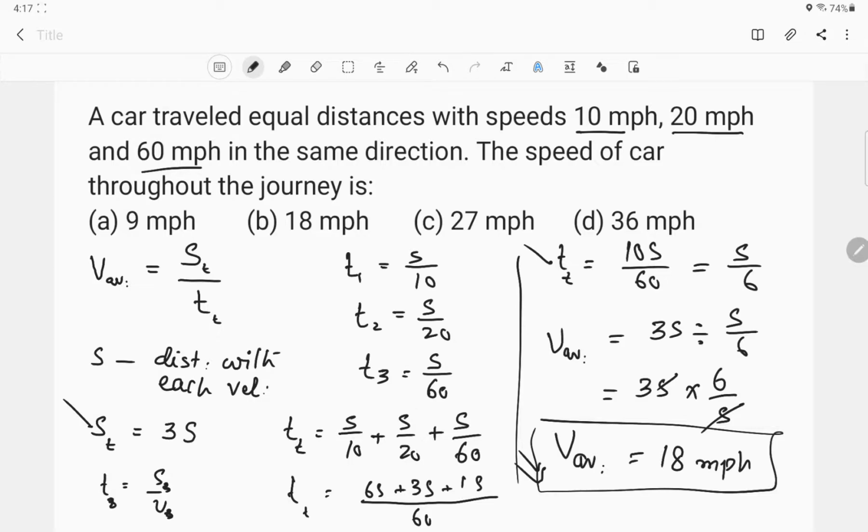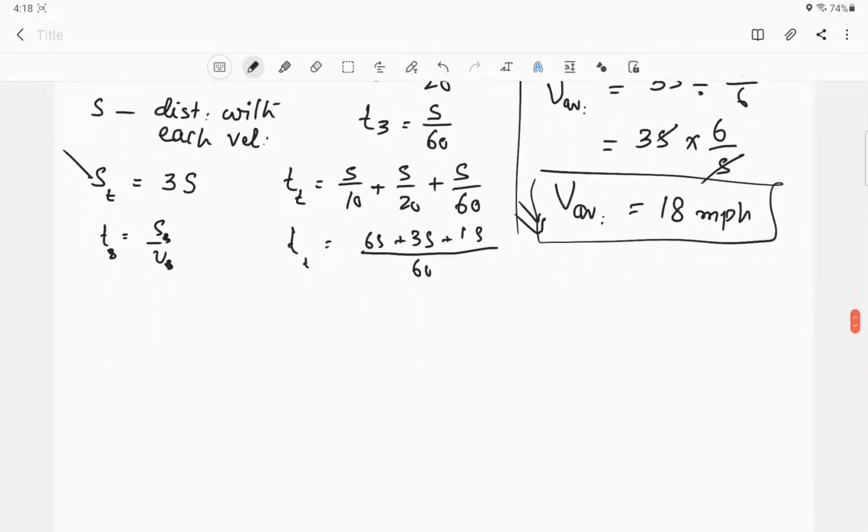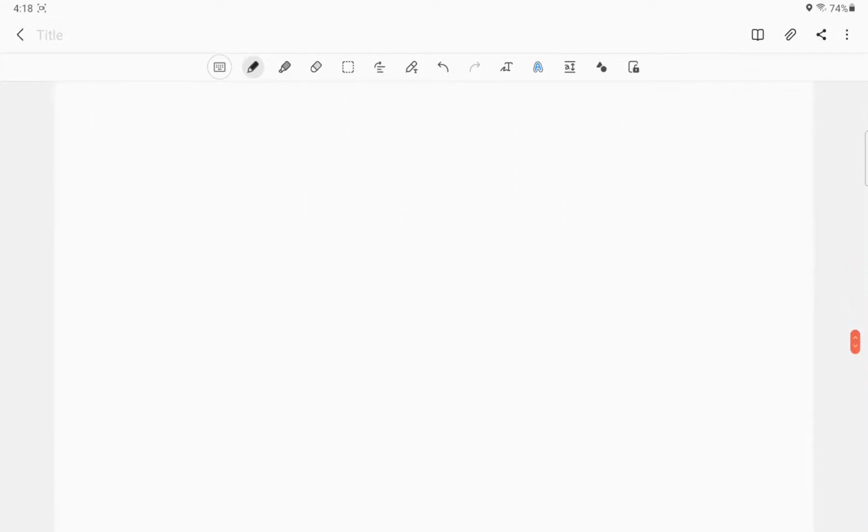Another thing is that you can solve this question by assuming a particular number for the distance as well. You can assume any distance. I'm assuming that the distance traveled in each part is 60 miles.